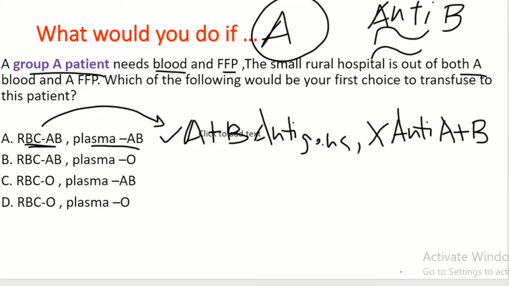In this scenario, the patient's anti-B would react with AB cells. So that's why this option is incorrect.